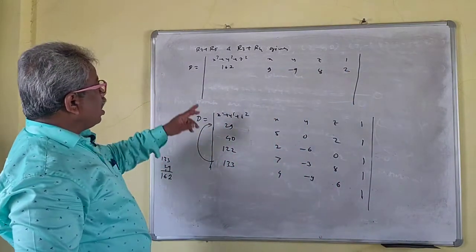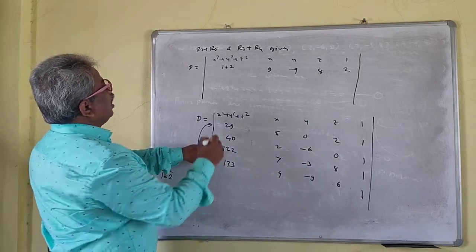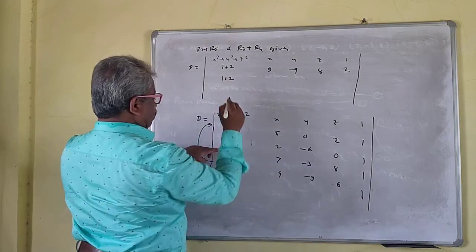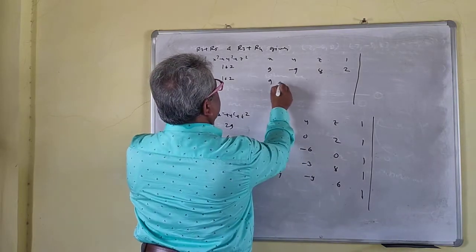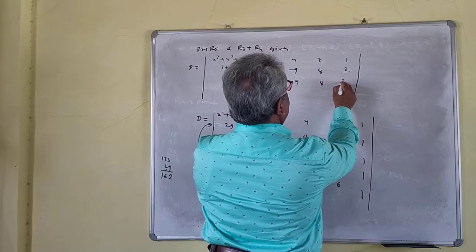Then you do R3 plus R4, again 162, so this is 9 minus 9 8, and this is 2.